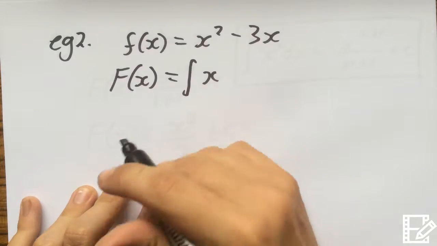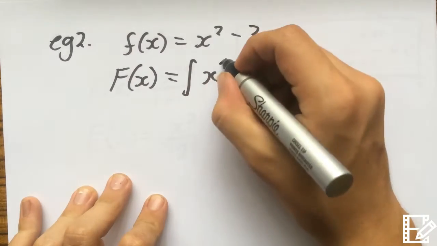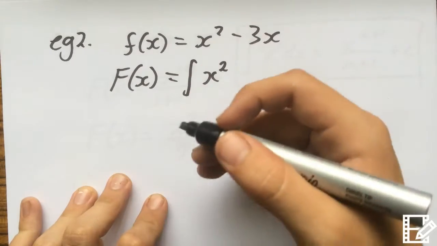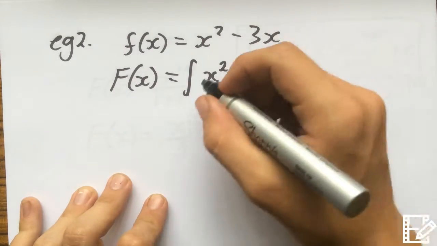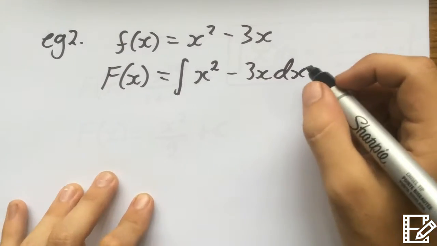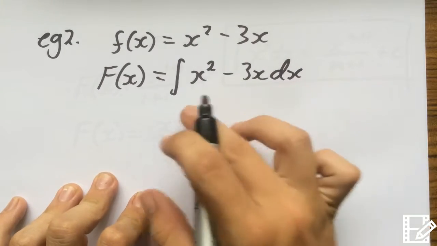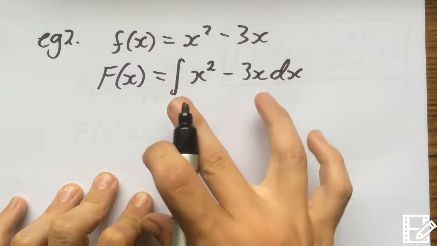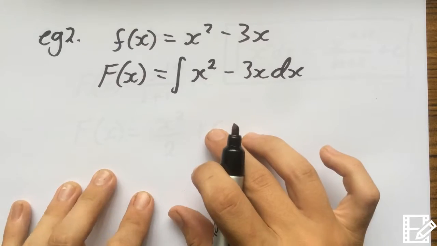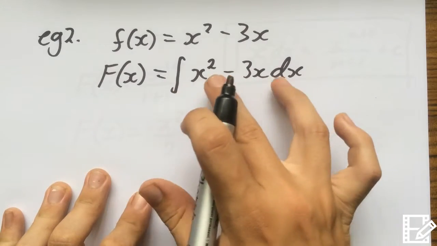I didn't do it in the other question, but I'll do it here and I'll show you why. The other question was too quick. I didn't want to spend too much time on it when it was very simple. This will take a little bit of time. So we put the dx on the end and the integral symbol on the front to signify that we're trying to find the integral of whatever's in the middle, in between these two.